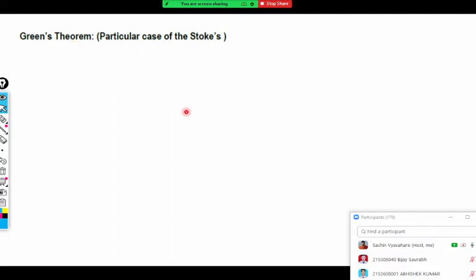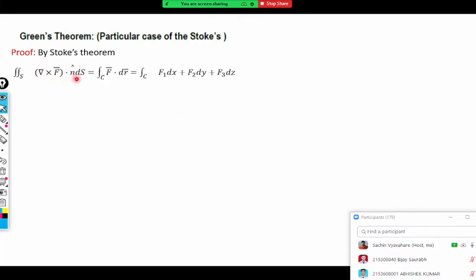That is the difference. Let me see how we start to get the statement of Green's. We know the Stokes theorem is this one: double integration of del cross f bar dot n cap ds is equal to the integral of f bar dot dr bar over the curve C. So this is the statement of the Stokes.